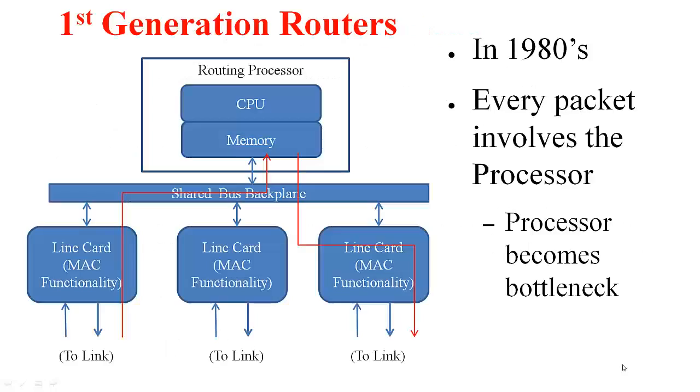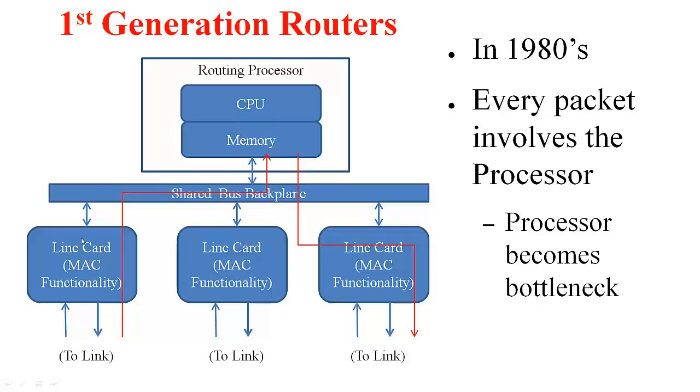In the 1980s, which is the first generation of routers, they followed this type of architecture. You had these line cards that drive a particular link. There are many of these line cards because a router typically has multiple interfaces. These line cards are connected to the routing processor via a shared bus backplane. So this is the switching fabric that we were talking about earlier.